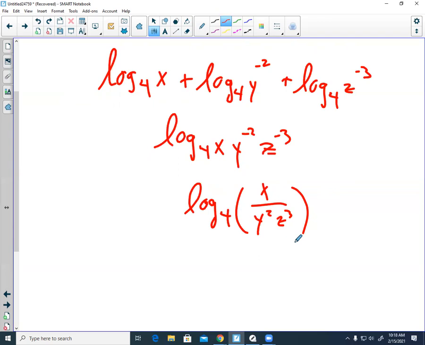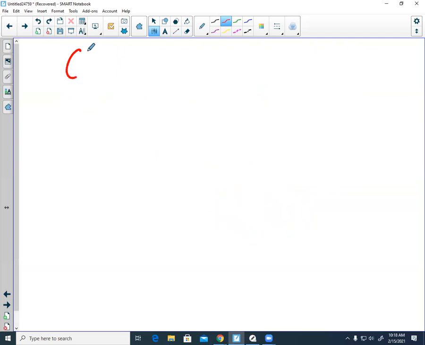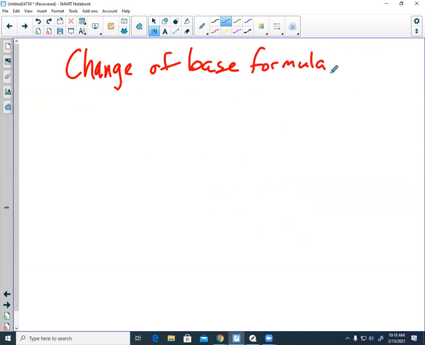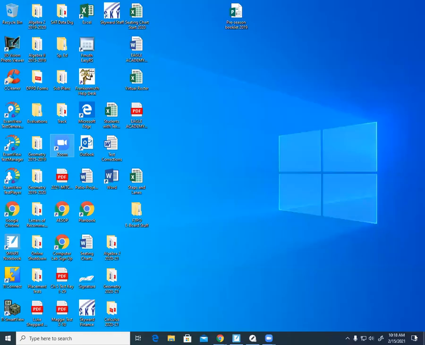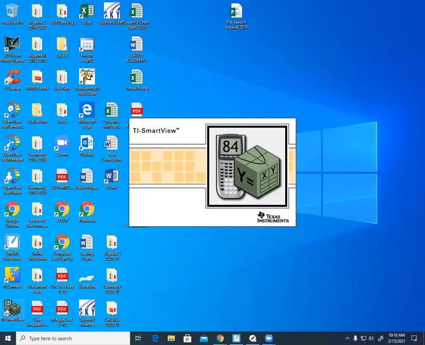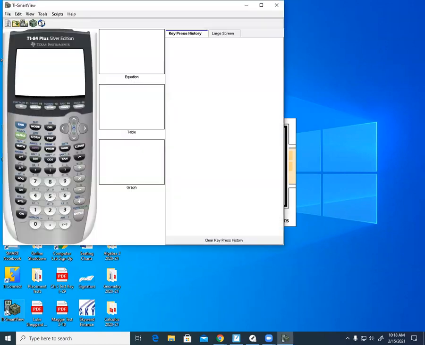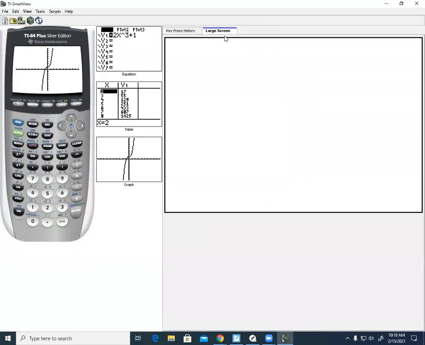Okay. Now the last thing I want to show you is the change of base formula. This is how you can use your calculator. On your calculator, check right now, because if this doesn't apply to you, then you don't have to do this. On your calculator, I want you to hit the math button and start scrolling.